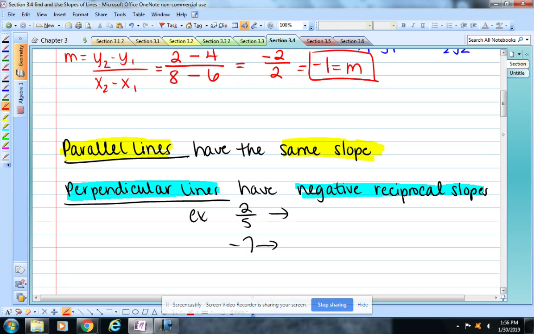So our parallel lines are going to have the same slope. So if I know the slope of one of my lines, then I'm going to know the slope of my other line. Okay? Perpendicular lines are going to have negative reciprocal slopes. Now let's talk about what a negative reciprocal is. Okay? Negative reciprocal is the number we get when you flip the fraction and change the sign.